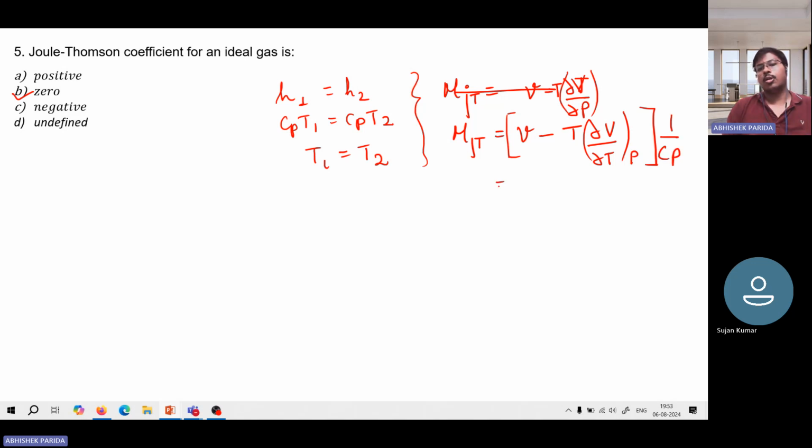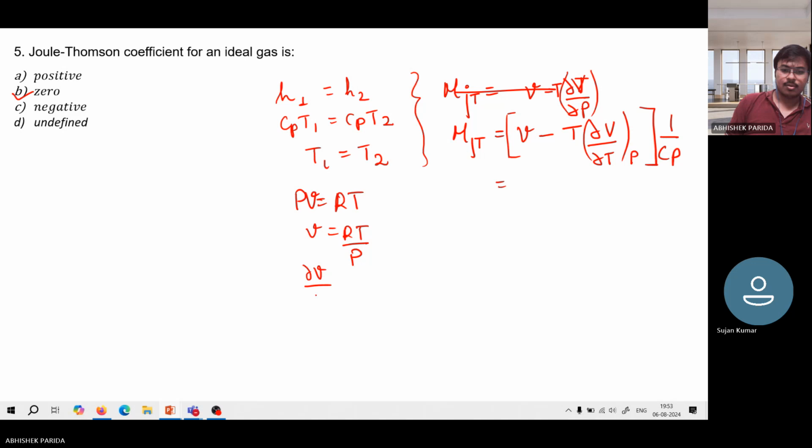If you put dou V by dou T at constant pressure for an ideal gas, PV is equal to RT. So P is constant, take P to the other side. So dou V by dou T at constant P is equal to R by P. R by P into T is RT by P, which is V. So V and V will cancel. So mu JT you will get 0 for an ideal gas.